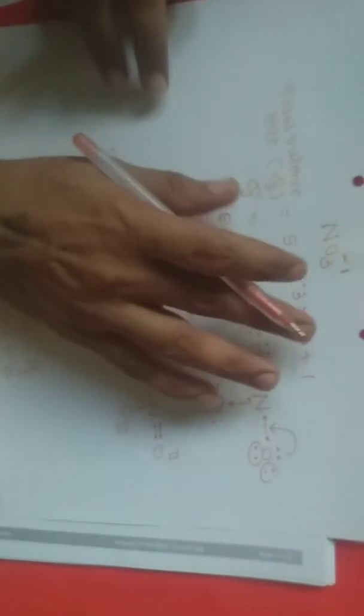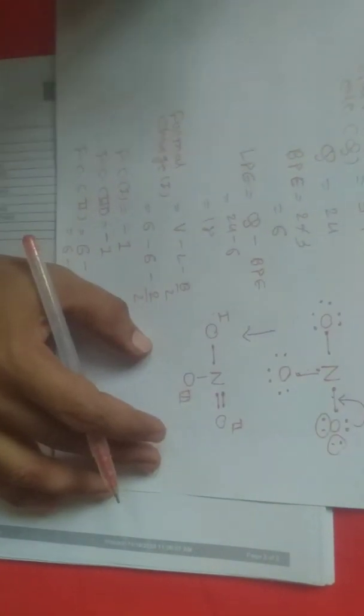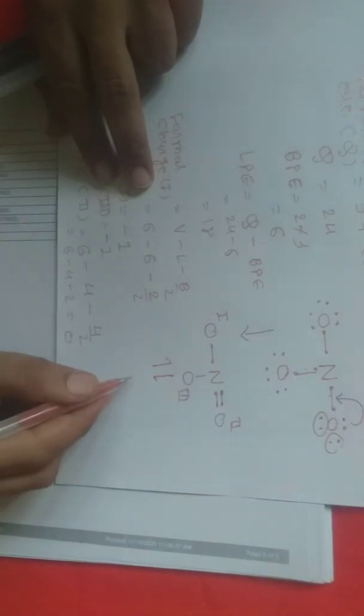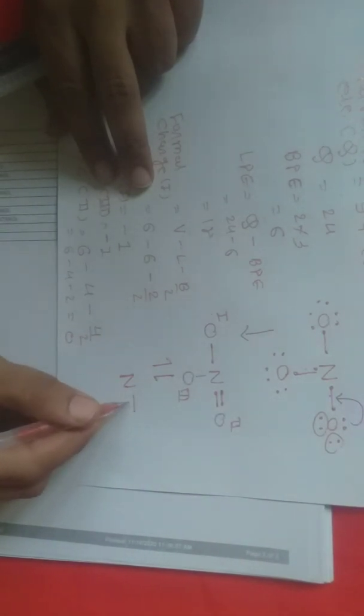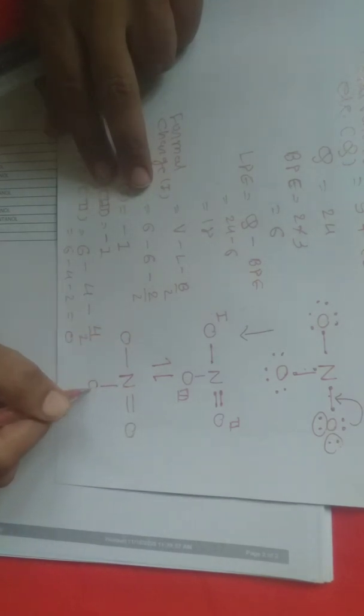formal charge. But in our formula of the polyatomic molecule, there is only -1 formal charge. Here we are getting the -1 on this as well as this. So in that case we are representing this structure like this: nitrogen, double bond O, oxygen and oxygen.